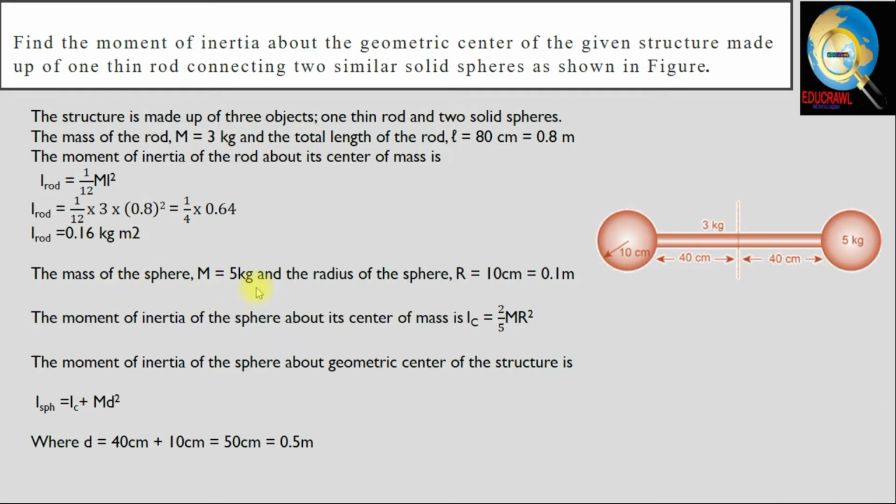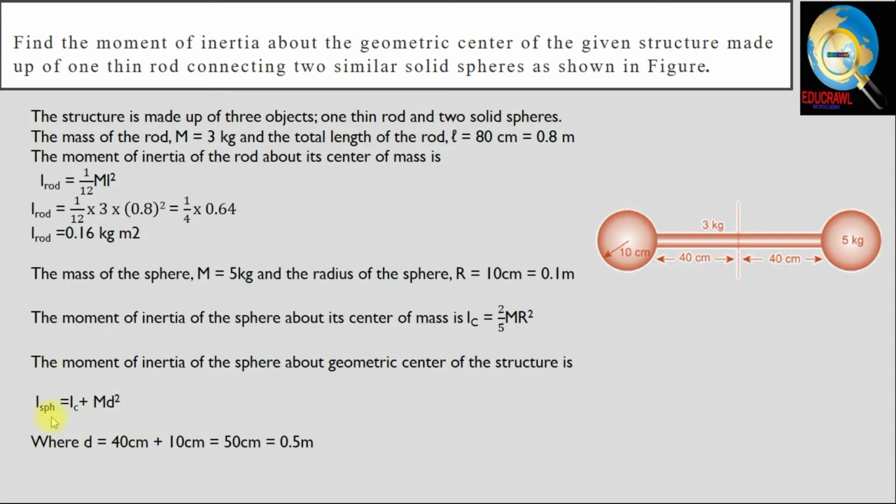Now the mass of the sphere is 5 kg. The radius of the sphere is 10 centimeter, which is converted into meter. It gives 0.1 meter. The moment of inertia about its center of mass is I_C equal to 2 by 5 mr square. This is once again found from the tabular column. The moment of inertia of the sphere about the geometric center is given by the parallel axis theorem.